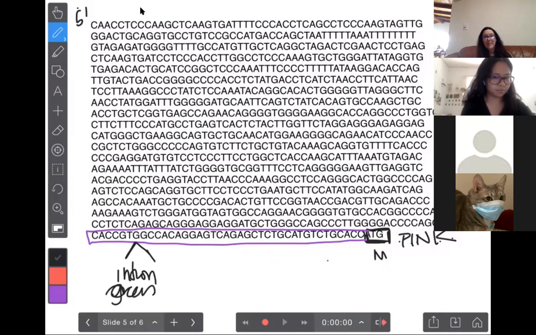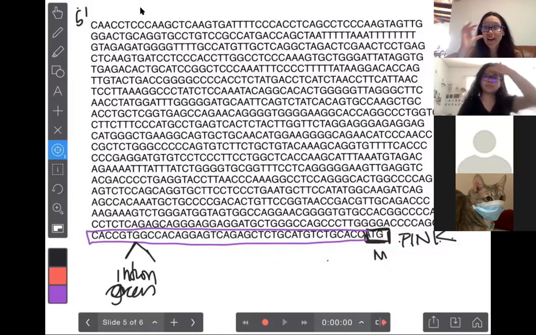So if you have no intron, if your sequence got right up to your ATG, then you're going to want to try to make your primer somewhere close to that ATG. Ideally, we'd want it sitting exactly next to it. Get everything of that 5' UTR, but not including the ATG.